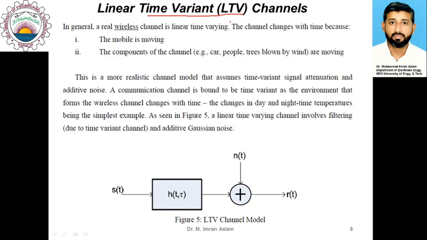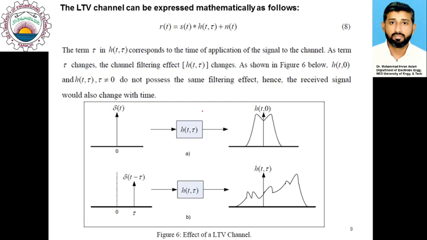So the more practical model is the linear time variant channel, where the properties of the channel are also changing with time. In other words, the channel response would change if we delay the input by a certain amount of time.